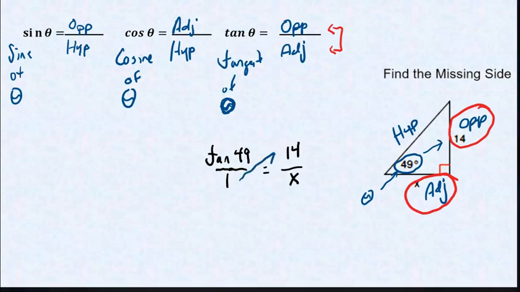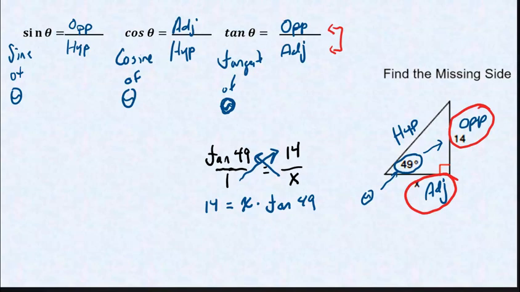Okay, so 1 times 14 is 14. X times tangent 49 is just x times tangent 49. Just as if x was multiplied by 2, or x times 2 would be 2x, well, tangent 49 times x is just tangent 49x, or x times tangent 49, however you want to write it.